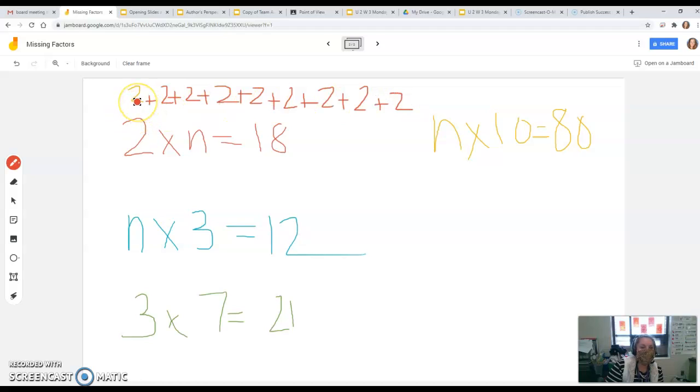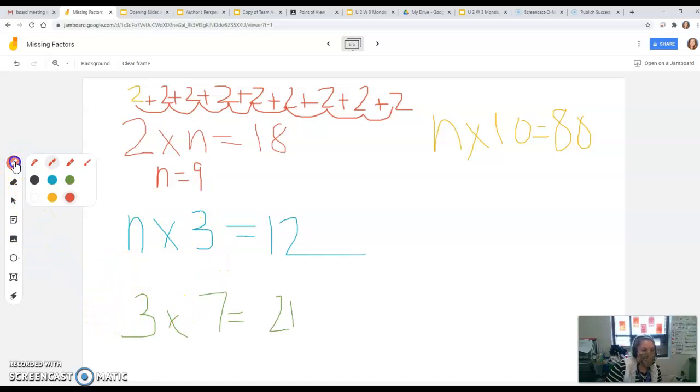So how many groups of 2 did I have to get to 18? 1, 2, 3, 4, 5, 6, 7, 8, 9. That means for this problem, n equals 9. Kiss your brain if you got that one correct.